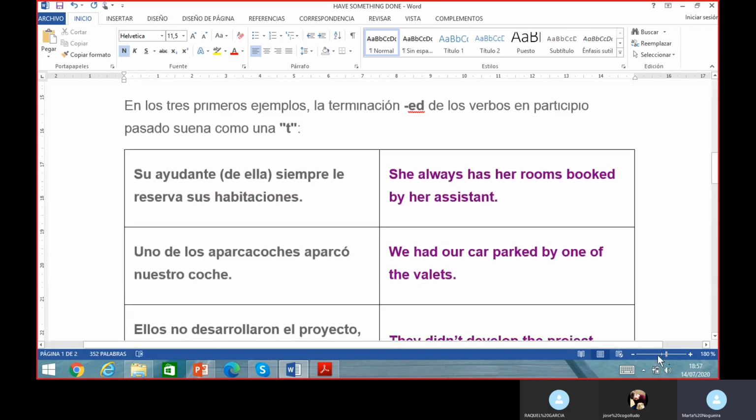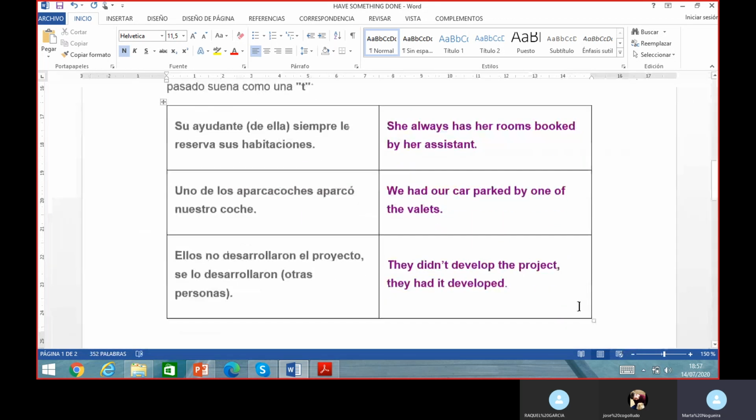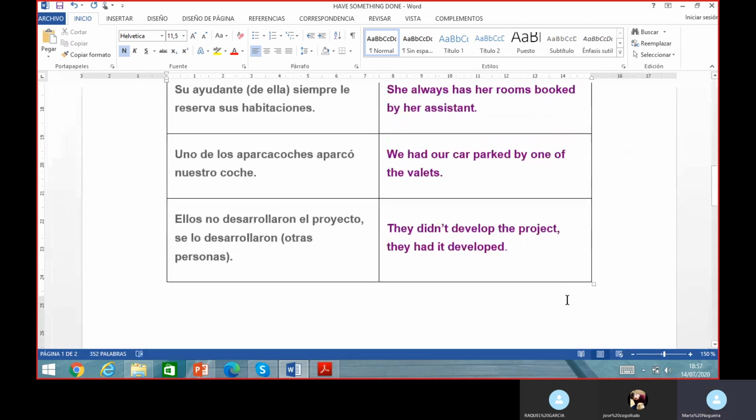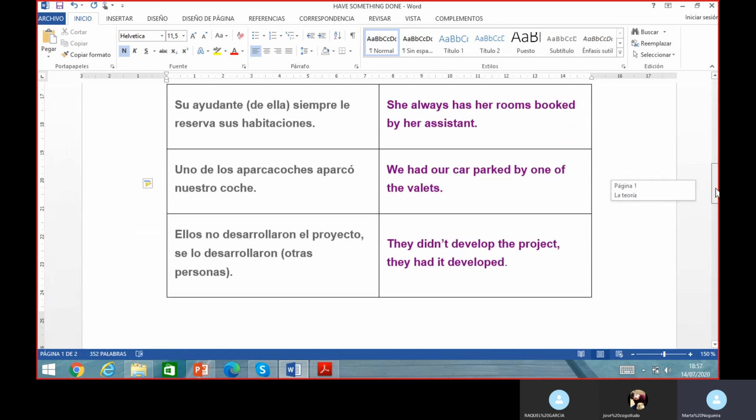The practice, well, let's see some examples. So just read these examples so that you understand it better.